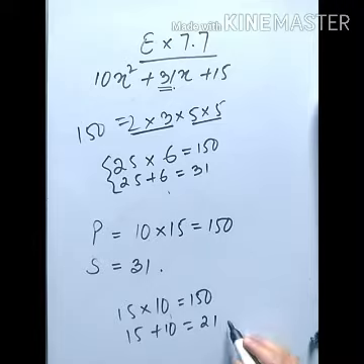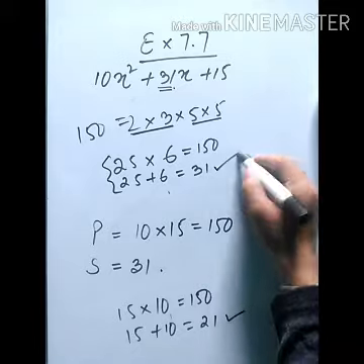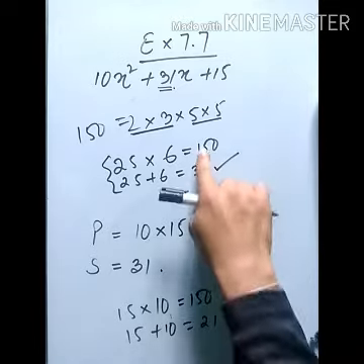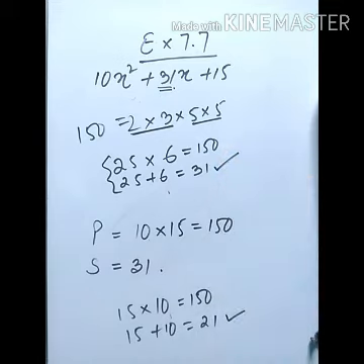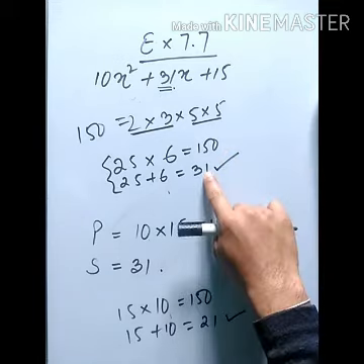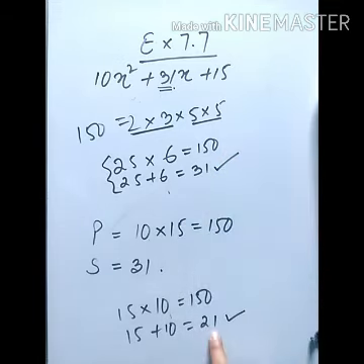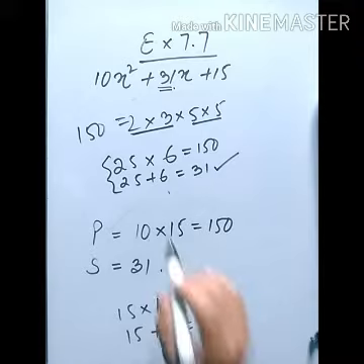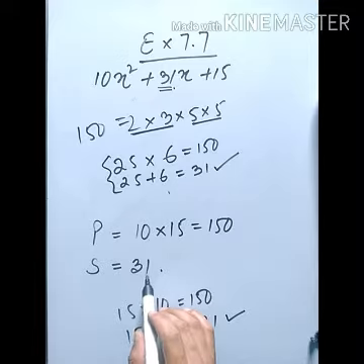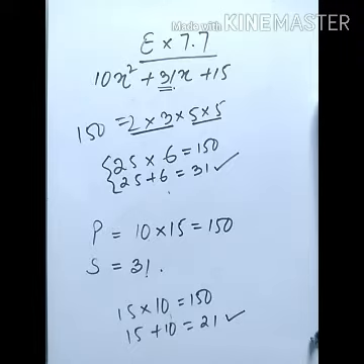But the thing is, here I'm getting 25 and here I'm getting 31 as a sum. So the product is in both the cases 150, but the sums are different. In the first case we have 31, in the second case we have 25, but according to the question 31 will be our right option because we have here 31. So the right pair of the numbers is 25 and 6.